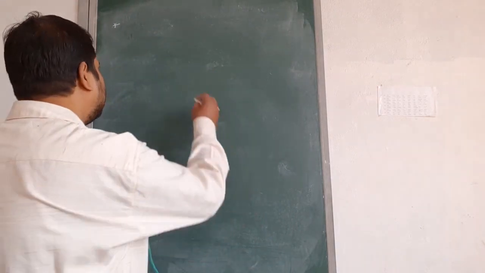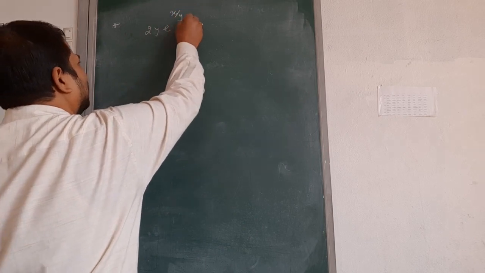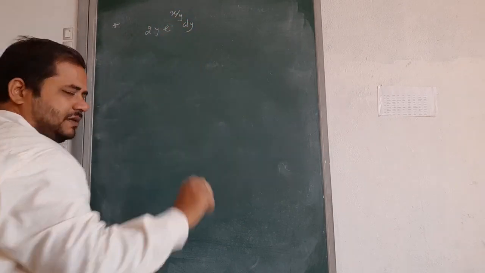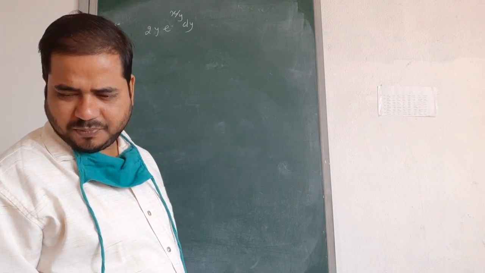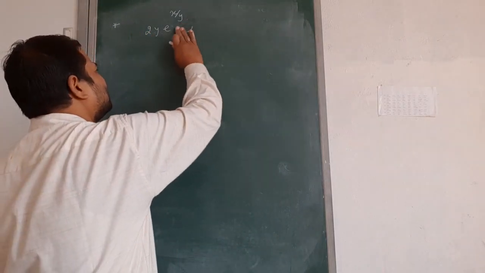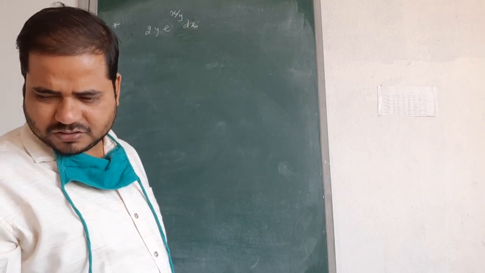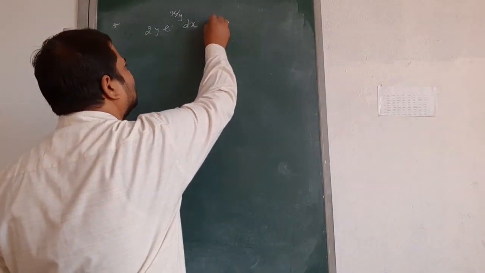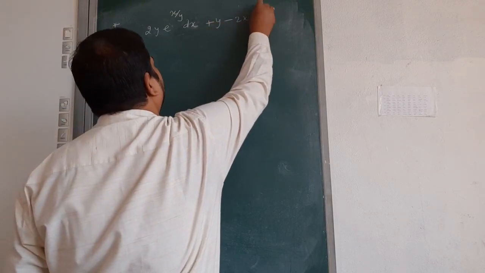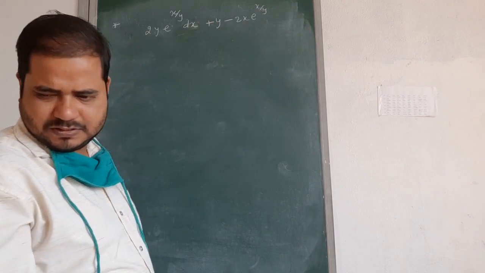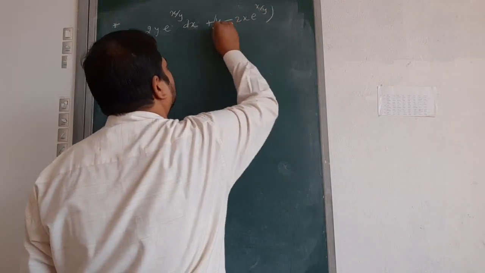So first we write the differential equation: 2y e to the power x upon y dx plus y minus 2x e power x by y dy is equal to 0.